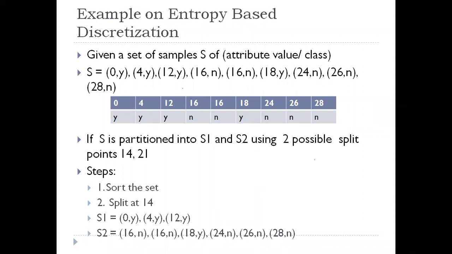The attributes are 0, 4, 12, 16, 16, 18, 24, 26, and 28. For each of them, we have some class, whether it is yes or no. We're just taking some random data set. For instance, if somebody is affected with the virus, I am trying to take the age group from 0 to 28.